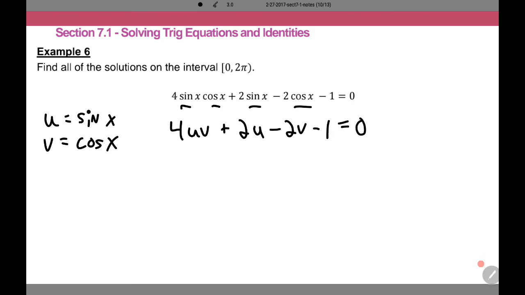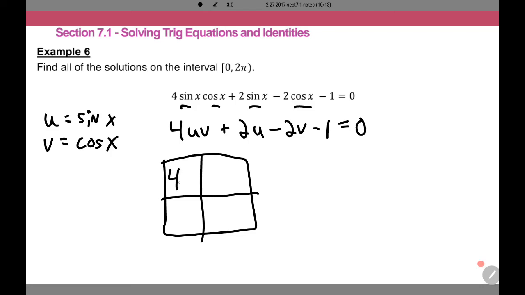Now, this might not be obvious at first, so I like to use just a generic rectangle sometimes to figure this stuff out. So, if you look at this, you'll see a couple things. Number one, to get 4uv, I could do 2u, and look, 2u times 1 is going to be 2u.